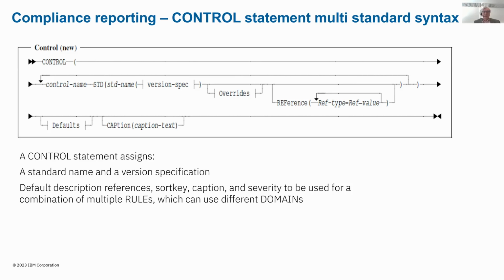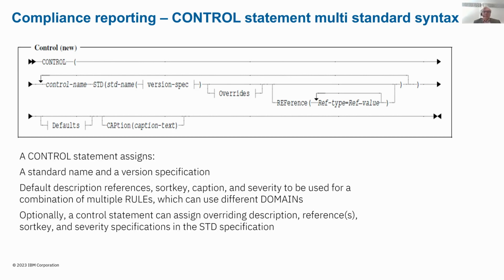If you don't say anything, then the default description, sort key, captions, and severity will be used, but you can override them. So that happens with the STIG too. With the version 6 name, it had a certain description. With the version 8 name, they made the description a lot more specific. And that was one of the things that we prompted them to do, so that's now biting us in the back, you could say.